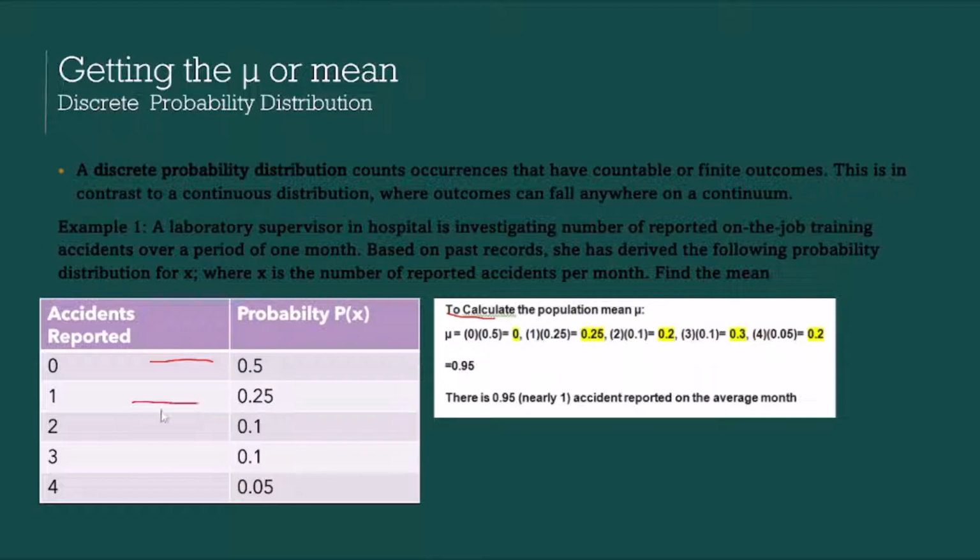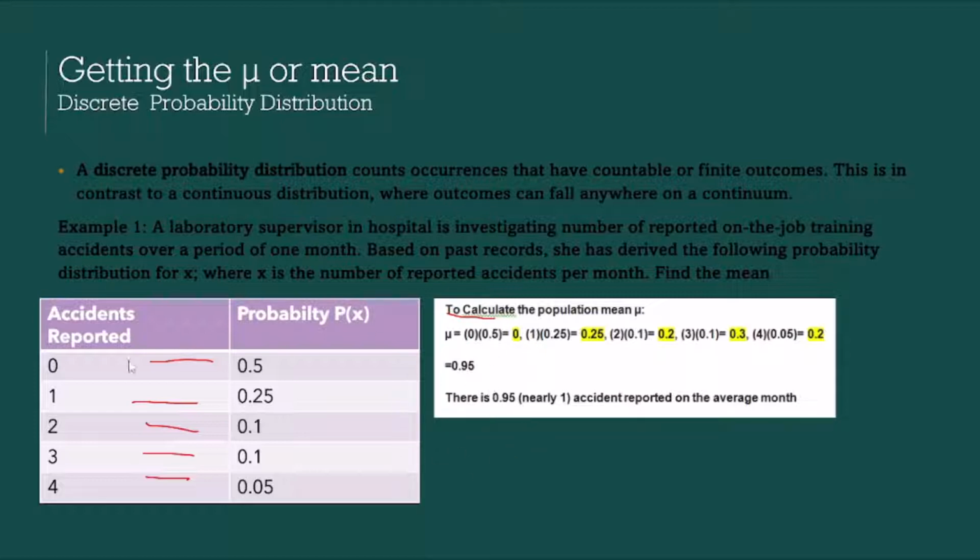We do the same thing on each of them, and once we get the answers, we just add them up. The sum of the answers we got from multiplying all of this is the mean, and it is 0.95, nearly one accident reported in an average month.